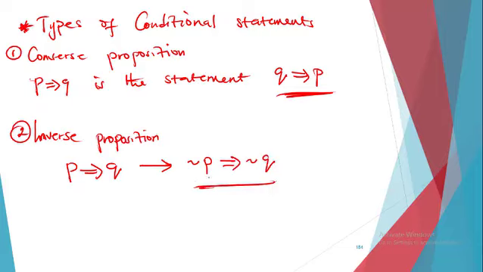Then we have the third one, which is called the contrapositive proposition.